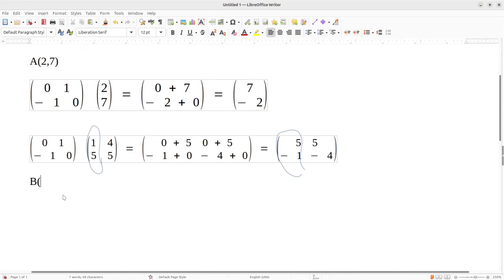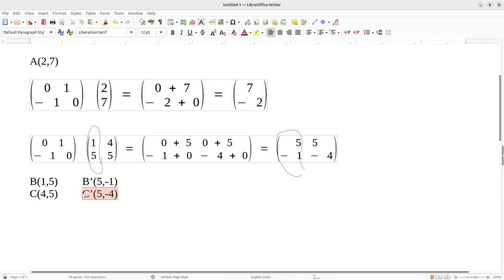It was B (1, 5), and we are saying its image, B image, is going to be (5, negative 1). And then C, which is the other coordinate, (4, 5). The image for that is going to be (5, negative 4).